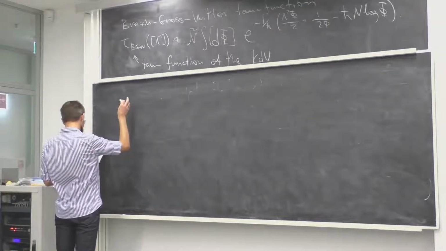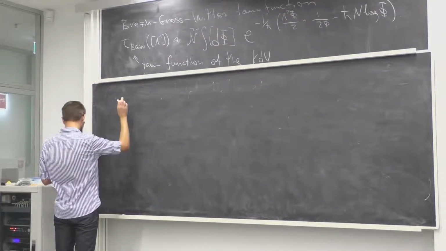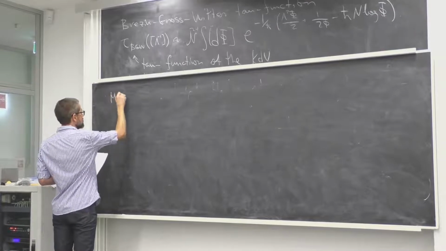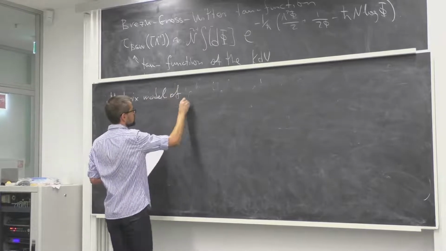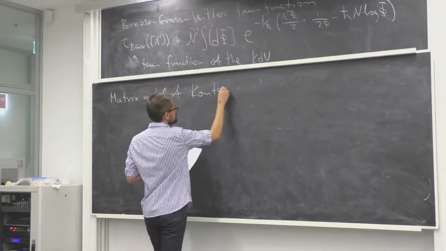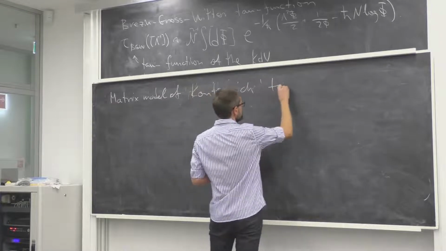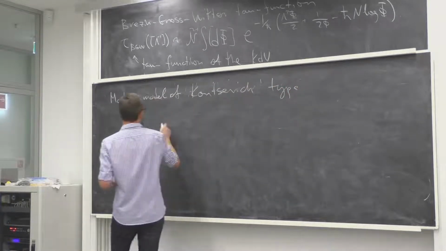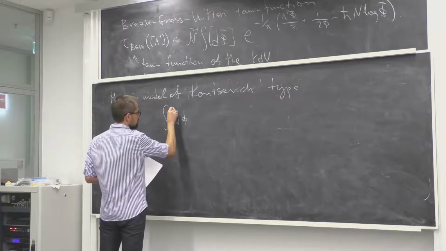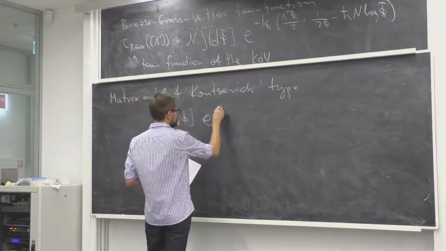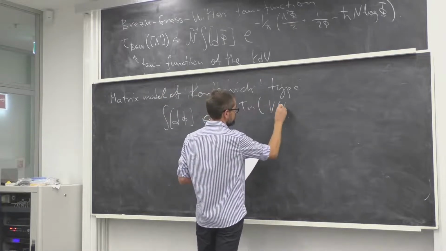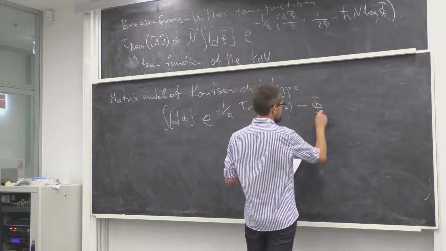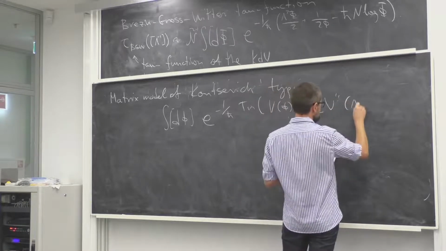So if you consider the so-called generalized Kontsevich model, look at the same matrix integral. Define it with potential V over phi minus phi, into prime of lambda.